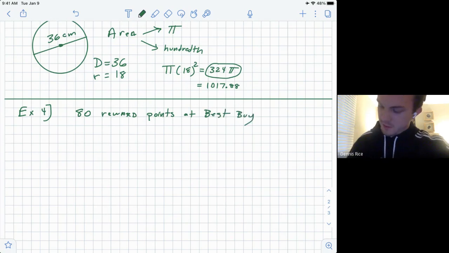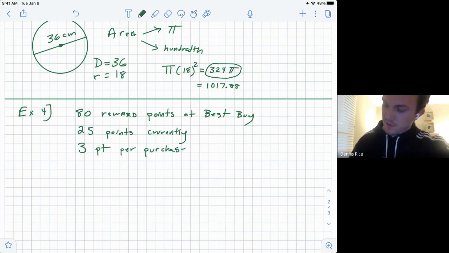Let's say we currently have 25, and every purchase gets you 3 points. Every time you go in there and buy something, you get 3 more reward points.